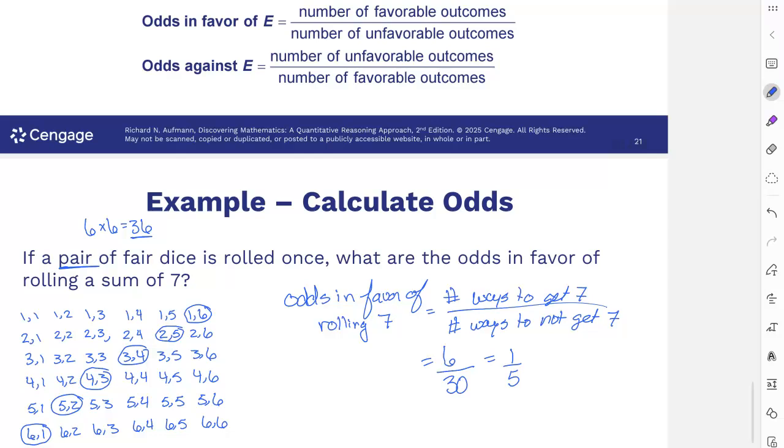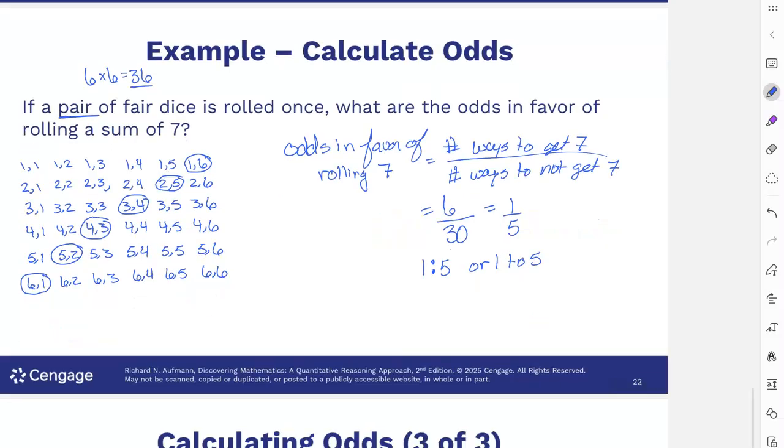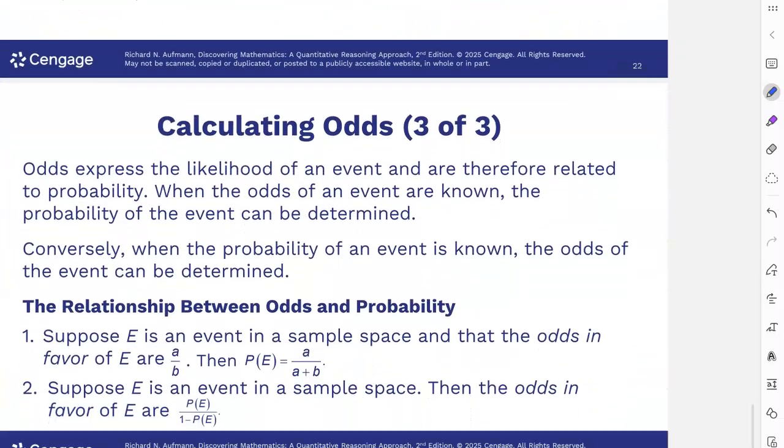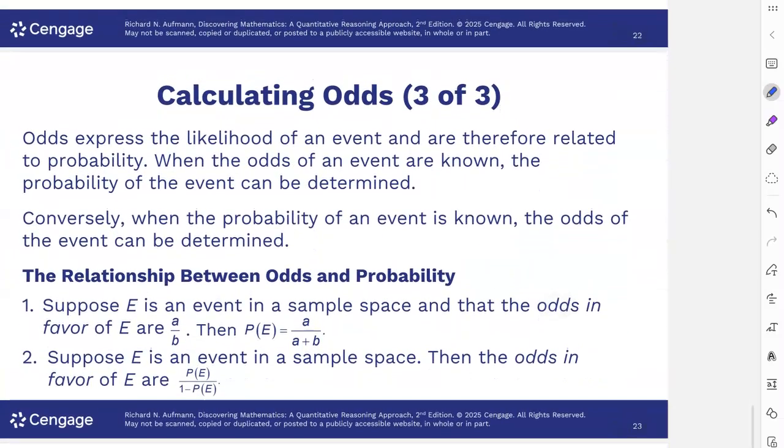Now, with odds, we usually see those written as fractions or in words or with the colon. So we would say the odds in favor of rolling a 7 is 1 to 5. Odds express a likelihood of an event, and it's related to probability.